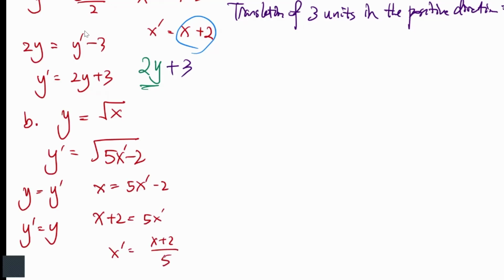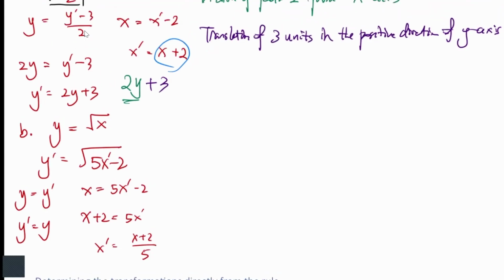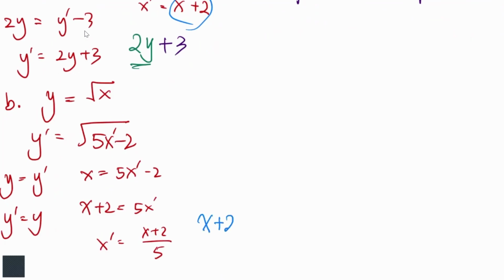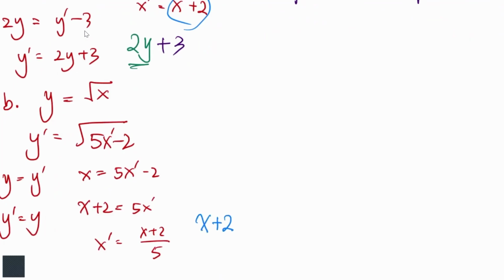Now, notice that order matters. See, I did not need to do anything to my y, but for your x, you have to add 2 first, then divide by 5. They are in 2 separate steps.